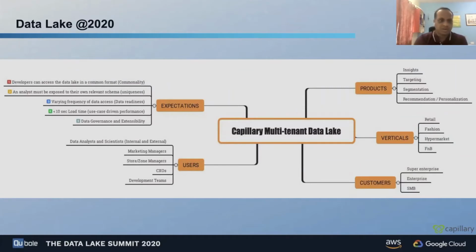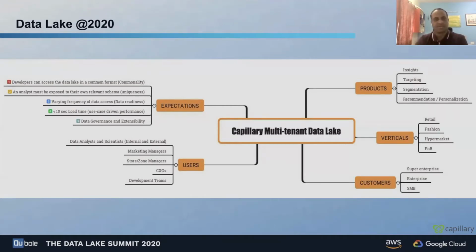And that leads to load time expectations, where the parts of the system that people are accessing, they would want that load time to be faster. I think in the modern data lake concepts, the page load times have almost equivalence of application page load times. And the last point is around data governance and extensibility.